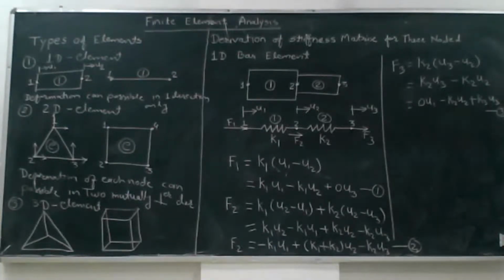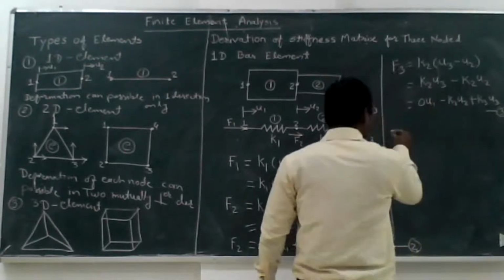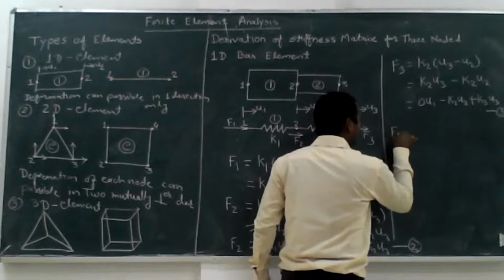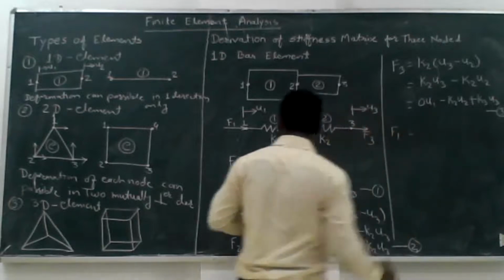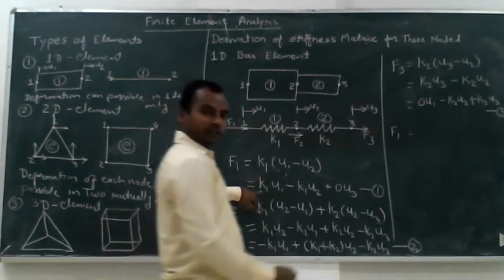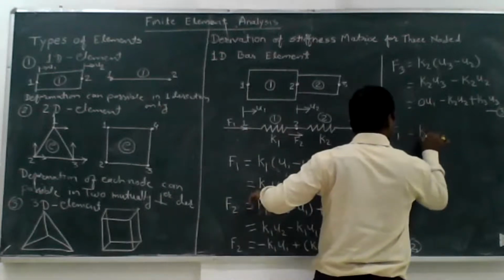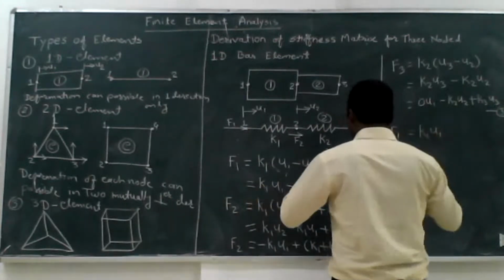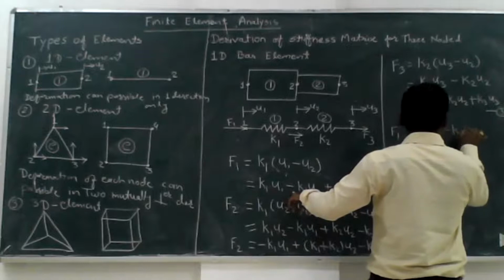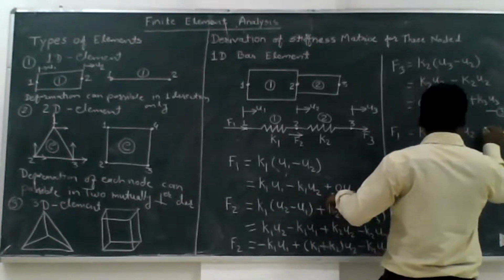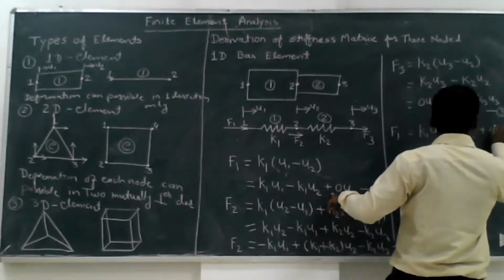Okay, so I need to combine all these equations to prepare a matrix. Therefore I write all the equations once again. F1 is equal to K1 U1 minus K1 U2 plus 0 U3.